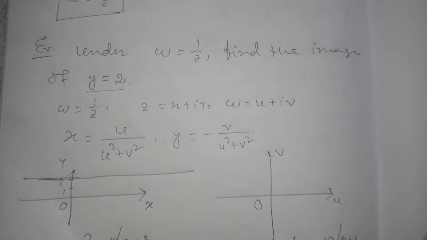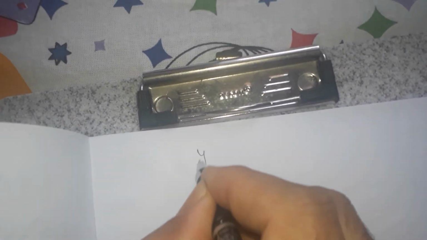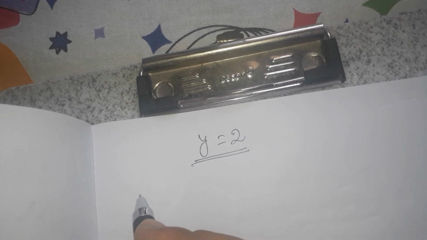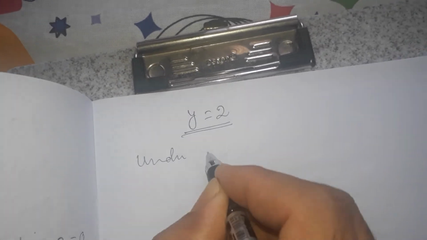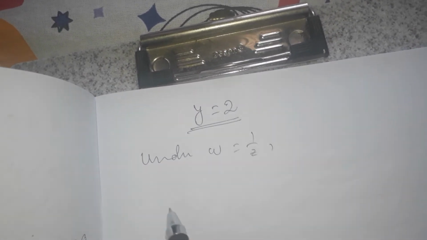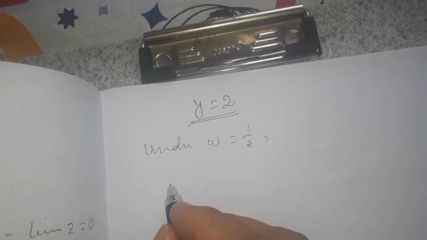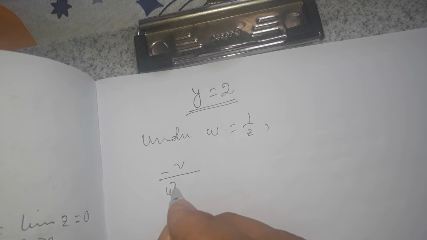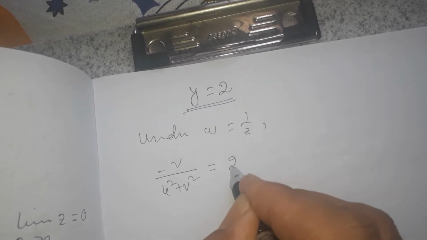Because y equal to 2, under this mapping w equal to 1 by z, you will see that y is minus v by u square plus v square, and that is equal to 2.